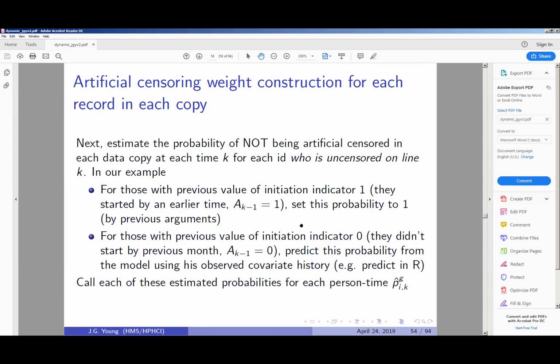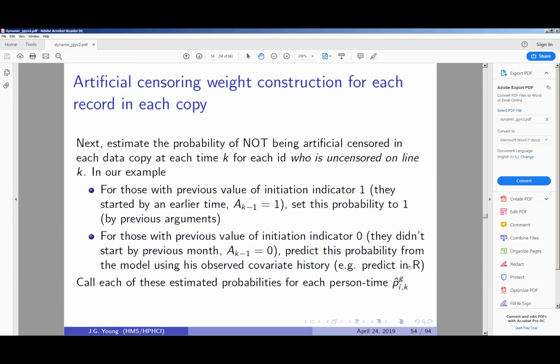This isn't going to be the case in all of your applications, but you can always think about whether there is something I know about the probability of censoring so that I can avoid a model, or an algorithm that has uncertainty in it, and use something I know about the process. For those where I don't know with certainty whether they're going to be censored, I'm going to use the model, so I can predict this probability from my model fit, using that individual's observed covariate history.